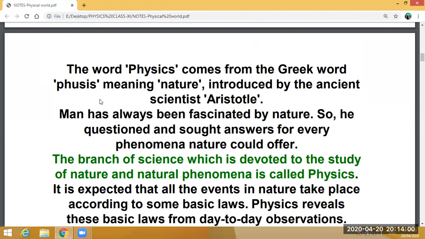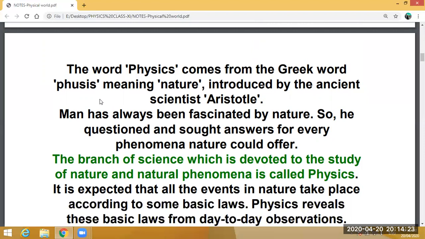So, in brief, now we can define physics. Physics is the branch of science which deals with the study of nature and natural phenomena. It is expected that all the events in nature take place according to some basic laws.